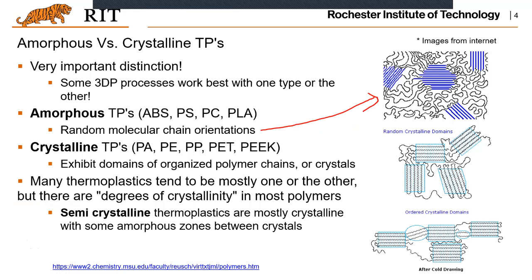And it's a little messy and has no pattern. But for those crystalline or semicrystalline, you will see these well-structured patterns, right? That's the major difference between the two types of thermoplastic material.